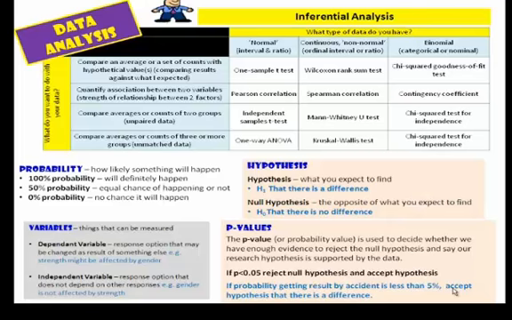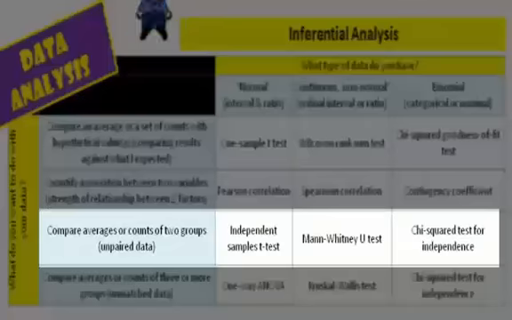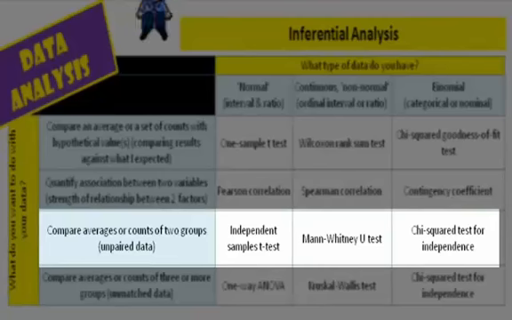Next, I need to decide on the appropriate test. So I want to know if there's a difference in the opinion of staff compared to students. So if I've gathered the data, I will have the count of the different responses of the two groups.